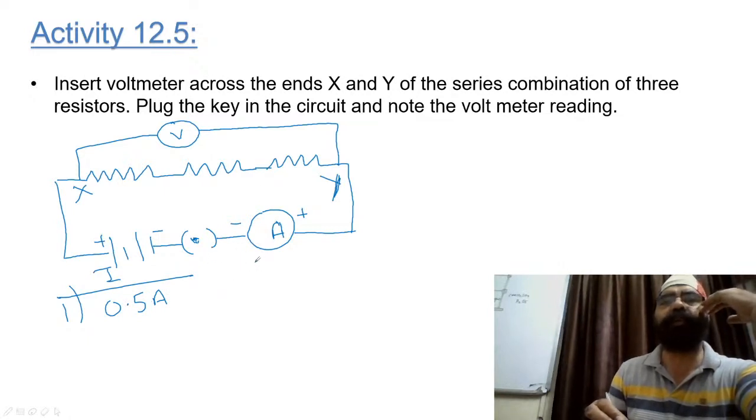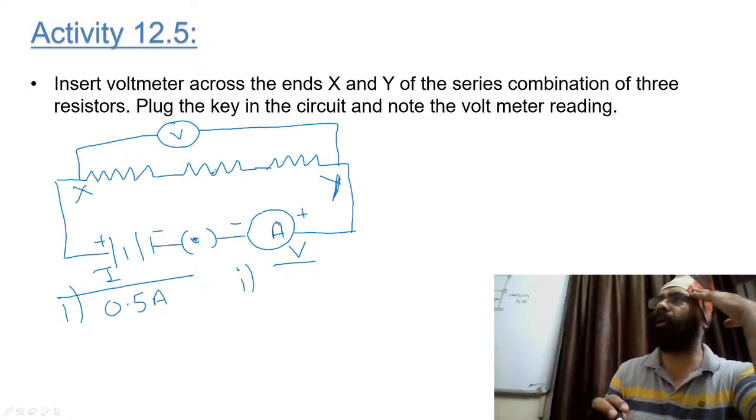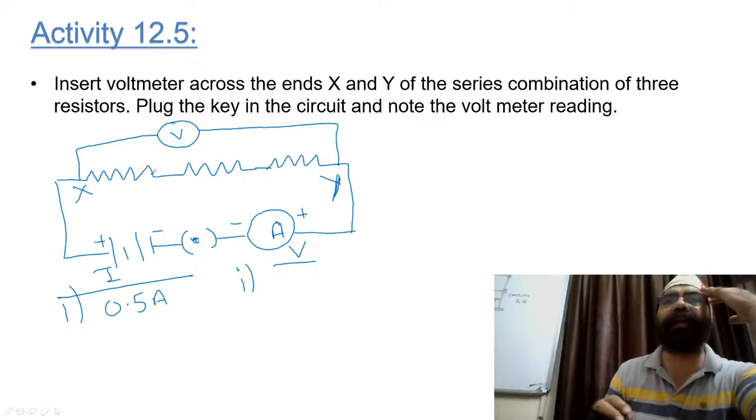Now here I take the potential difference reading across the whole circuit. If I am connecting it over here, I can straight away connect it to the battery also. Suppose my reading comes out to be 6 volts. My ammeter is still showing the same reading.